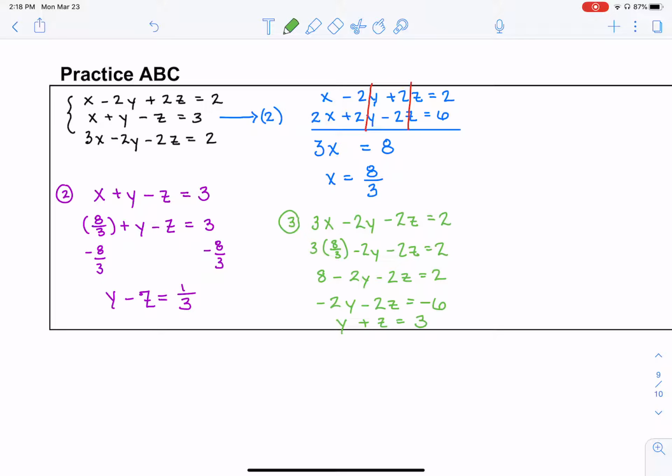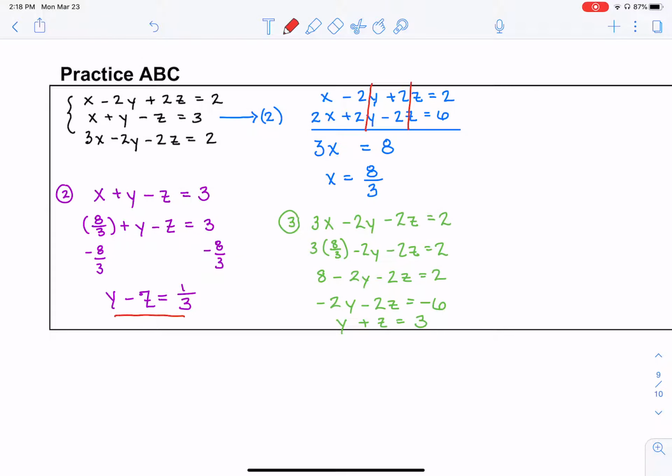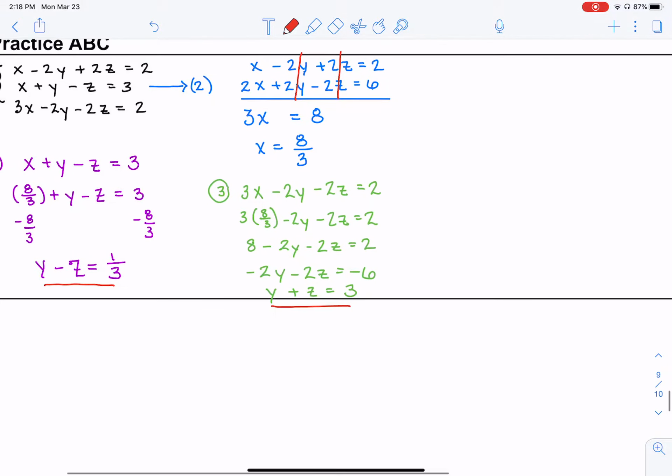Okay, so now I'm going to take those two equations that we just had and I'm going to bring them together so that we can use elimination again to narrow down a variable. So I'm going to write them over here. And you'll see the z's are stacked up so that they cancel. So I'm going to add the two y's together.